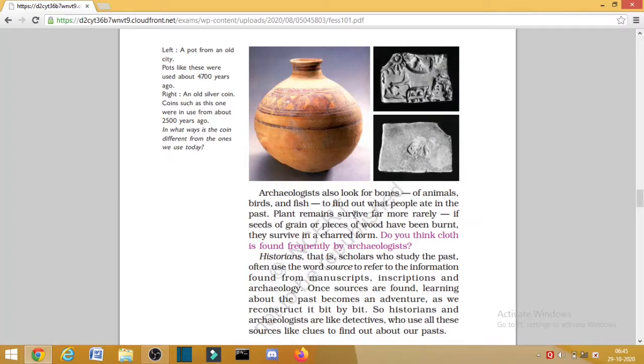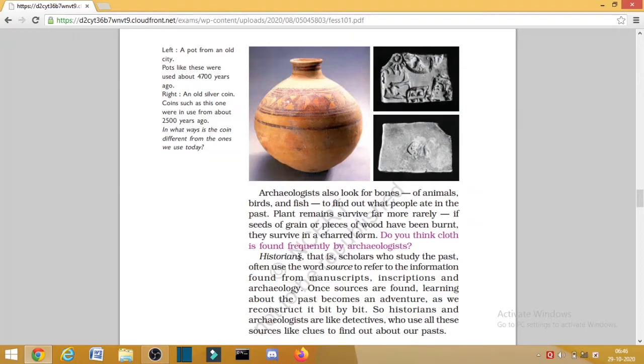Plant remains survive far more rarely, only if seeds of grains or pieces of wood have been burned. They survive in a charred form. Do you think cloth is found frequently by archaeologists? Do you think the clothes we wear nowadays were found frequently?